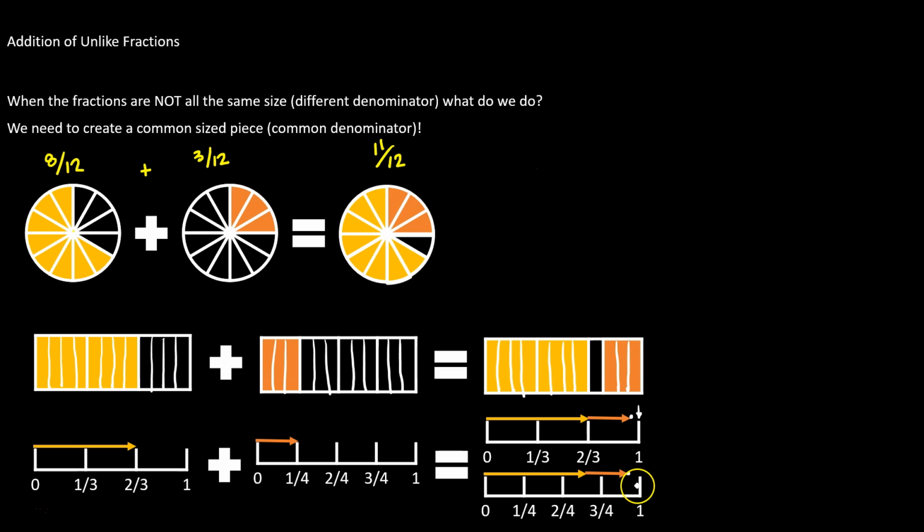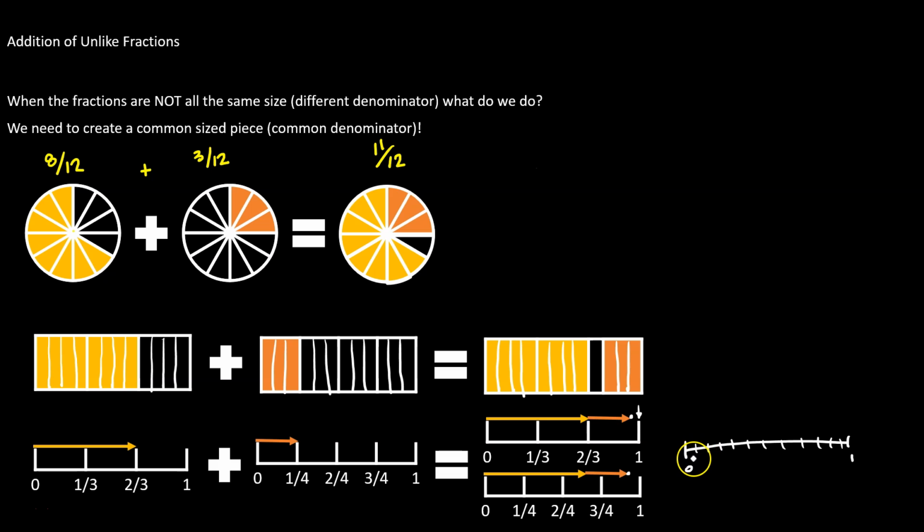So we would have to do the same thing, where we divide the thirds into 4 pieces, we divide the quarters into 3 pieces, or in the end, we're basically finding a number line that goes from 0 to 1 that has 12 pieces on it. And then we're counting how many of those pieces we have.